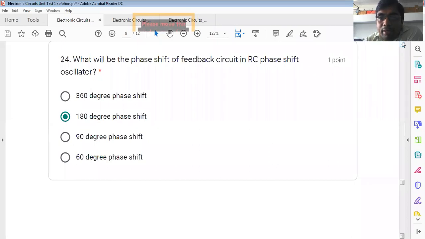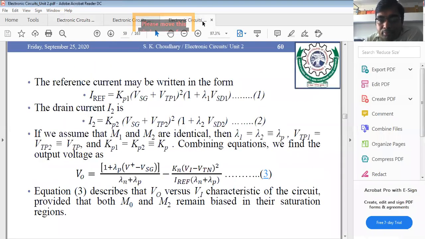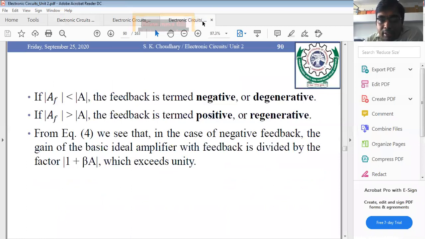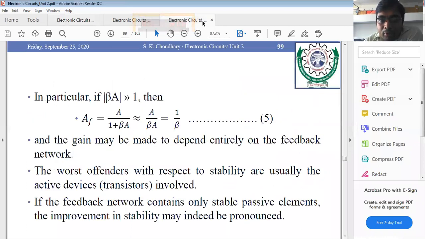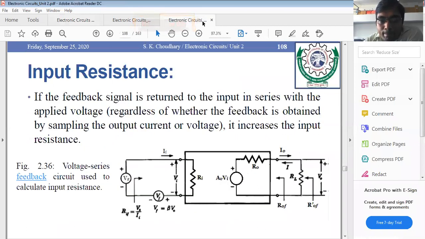Remember that in the RC phase shift oscillator, I started the discussion with a single RC network, and after that we defined the three RC networks. If you remember this, it is very simple. Instead of drawing, I will show you the diagram.